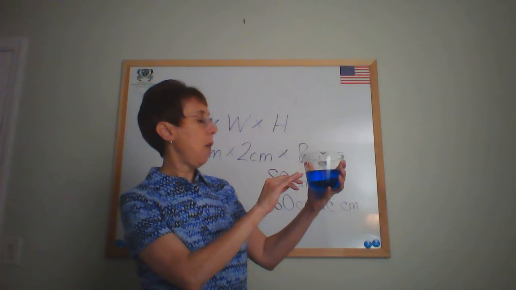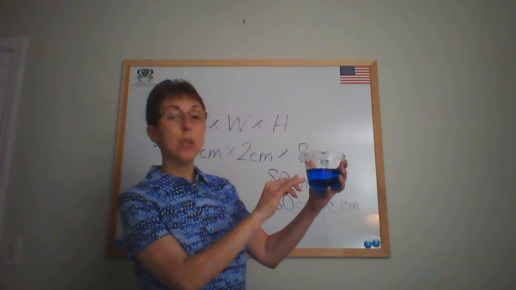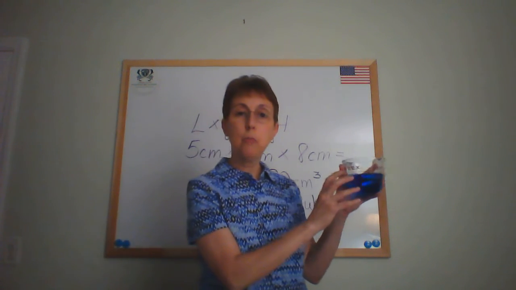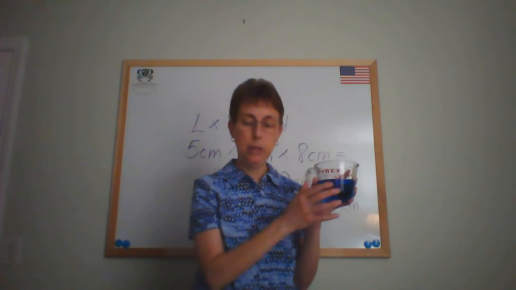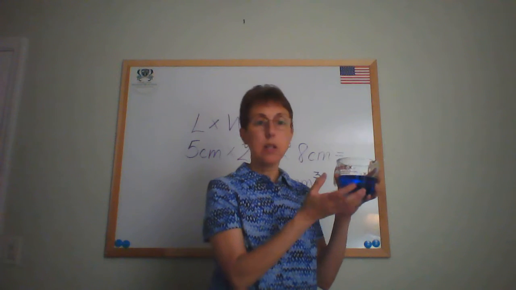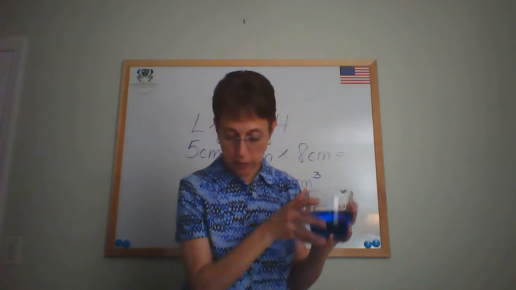So right now this is at 200 milliliters. Okay, so I have 200 milliliters of water. It just has some blue food coloring in, to make it a little bit easier to see. But this is just the water, and again, the level is 200 milliliters.